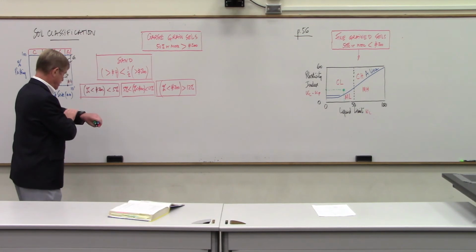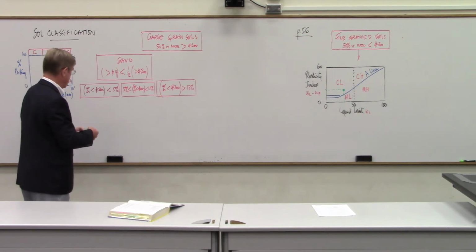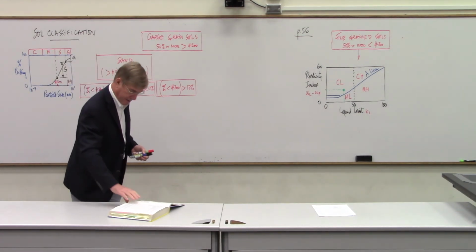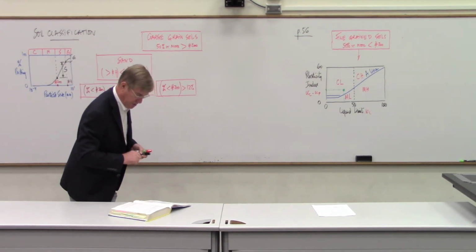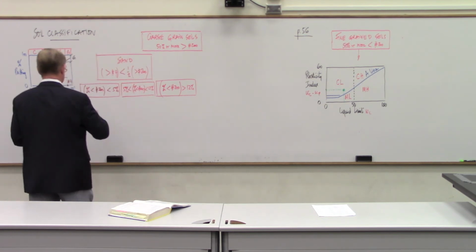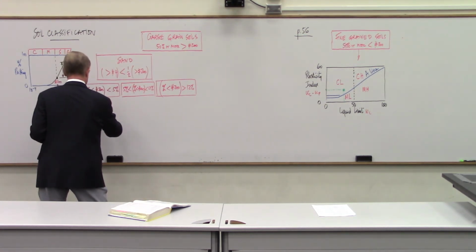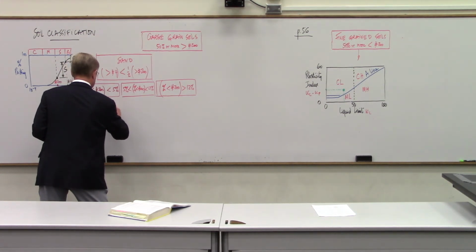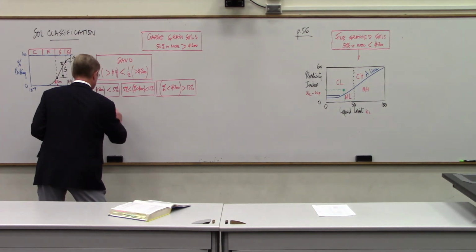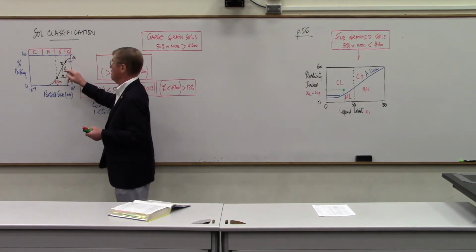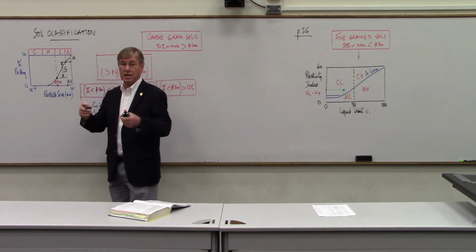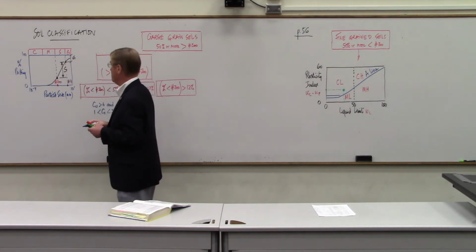To make that decision, we're going to look at the coefficient of uniformity and the coefficient of curvature. So if C sub u is larger than 6 and C sub c is between 1 and 3. So you remember you've calculated your C sub u and C sub c from d60 over d10 and d30 squared over d60 d10.